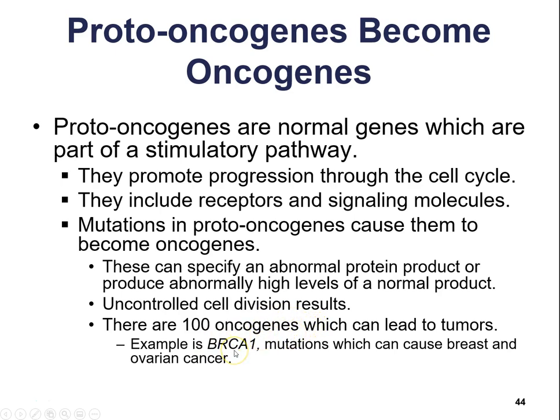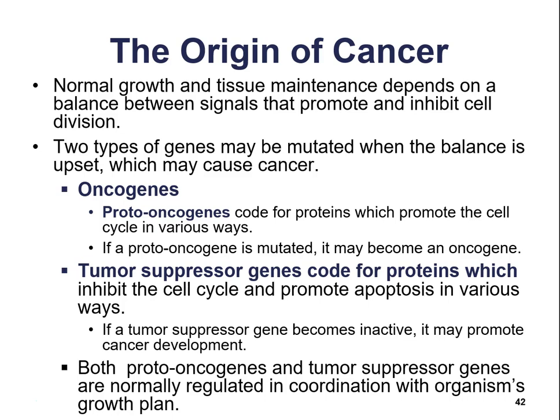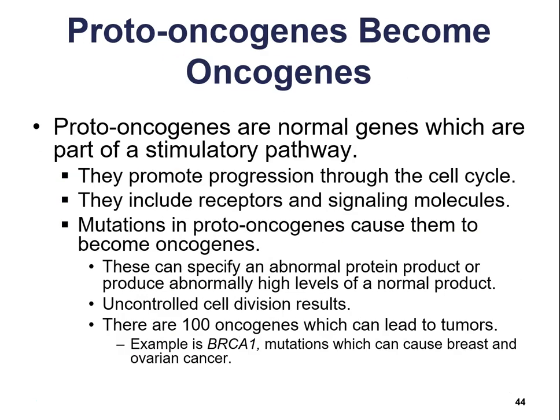Again, if you test positive for the mutation in this BRCA gene, does it mean you're going to get breast cancer? No, but it puts you at an increased risk. So these two slides just give you a little more detail on oncogenes and tumor suppressor genes and give you some examples.